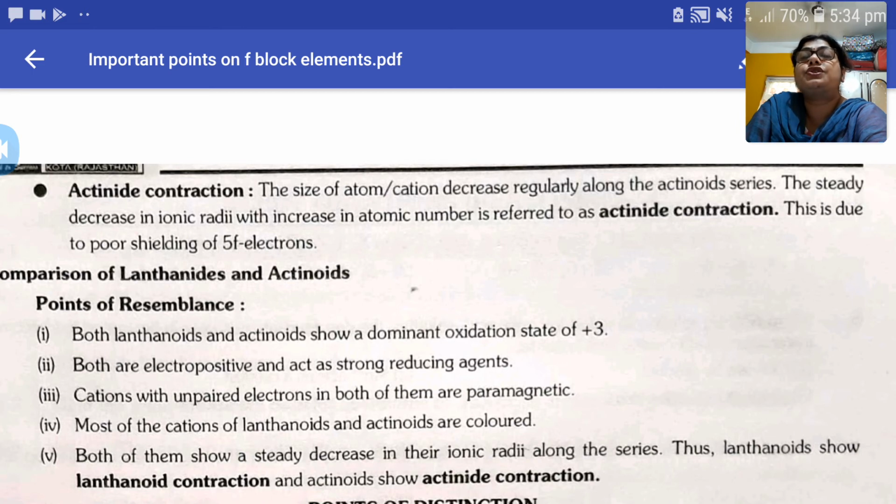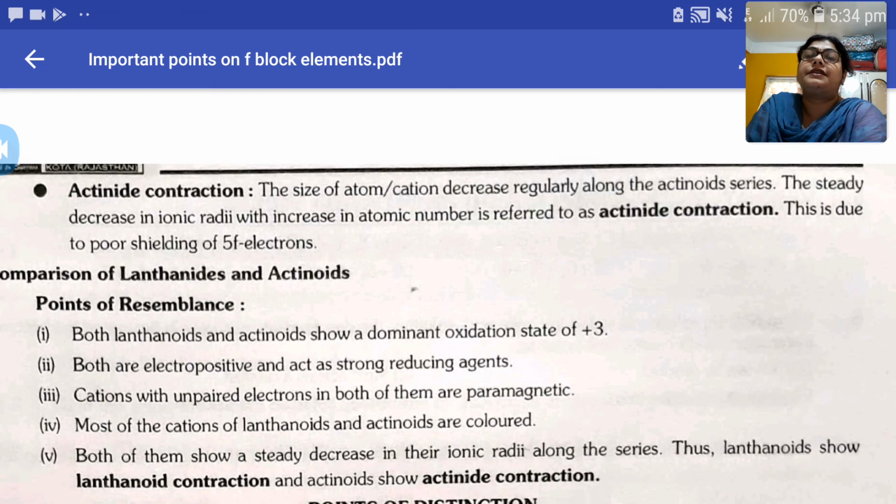This is due to poor shielding of 5f electrons. In the case of lanthanides also, we found that there is a progressive decrease in the ionic radii with the increase in atomic number. That was lanthanide contraction, and that is also due to the poor shielding of 4f electrons. But in actinide contraction, it is due to the poor shielding of 5f electrons. You try to remember like this.